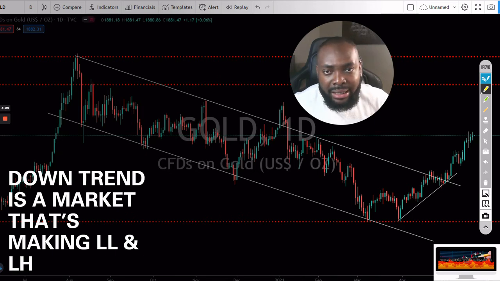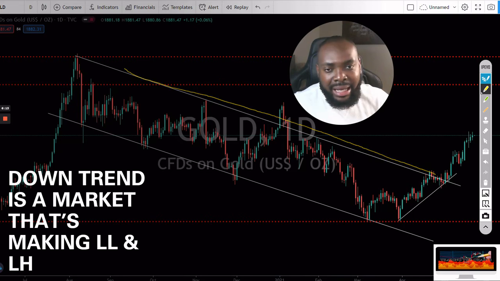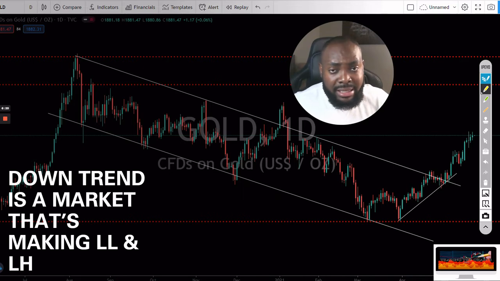All right, when we look at the chart, we have our downtrending resistance and our downtrending support. This is a market that we will always short because it's going lower and lower. When we look at the chart, this is the peak, this is the high.